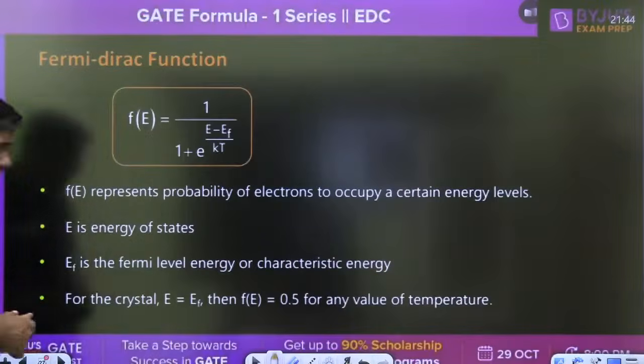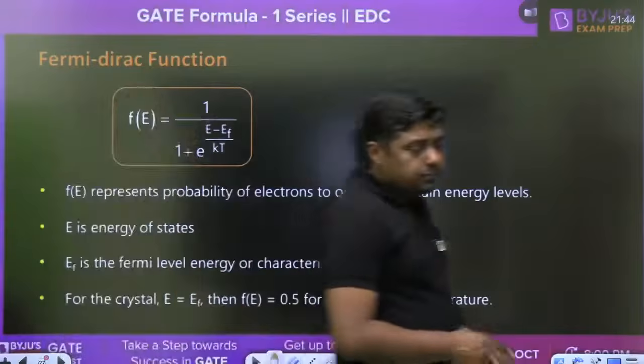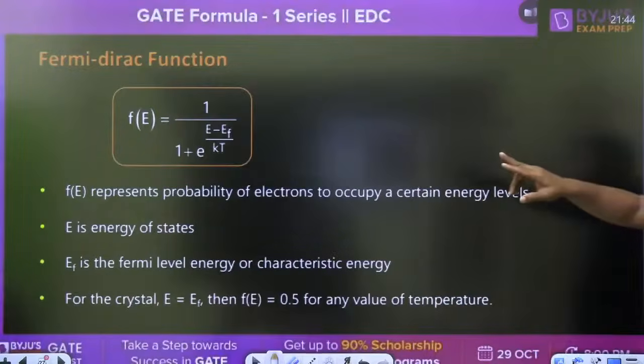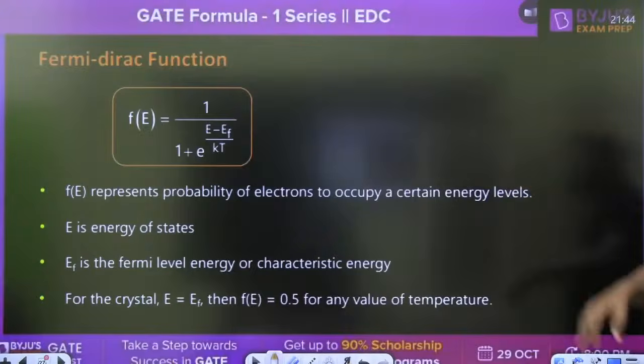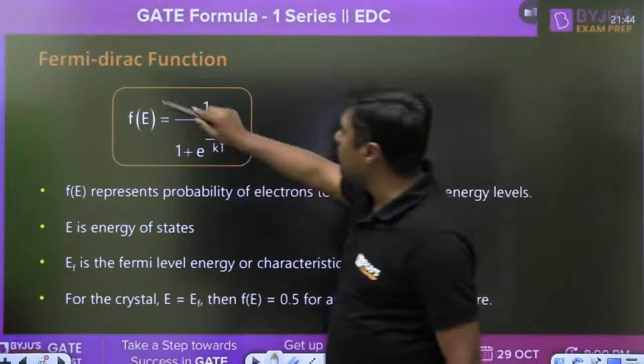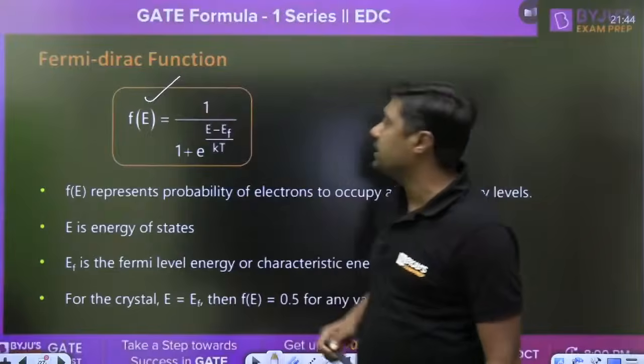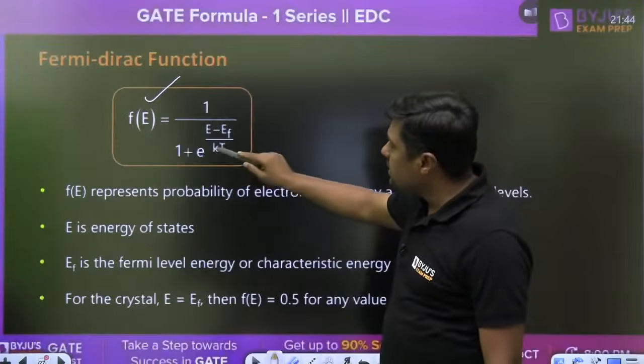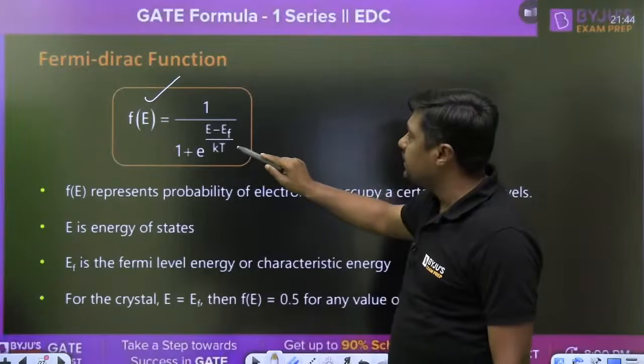Now the Fermi-Dirac function, or the Fermi distribution function. That is an important formula. It gives the probability of finding an electron at a particular energy level: Fe equals 1 upon 1 plus e raised to power (E minus EF) by kT.